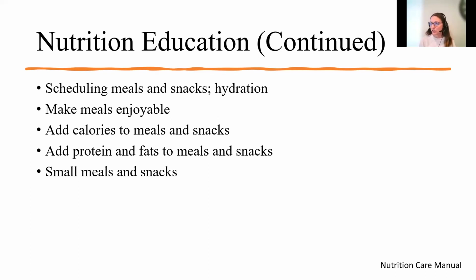Other snacks, I mentioned smoothies, milkshakes, ice cream, custards, puddings, fruit smoothies. There are tons of recipes online. In fact, there are dietitians that specialize in geriatric nutrition recipes for adding calories for malnutrition. Non-fat dry milk can be added to a milk or a pudding to add extra calories and protein.